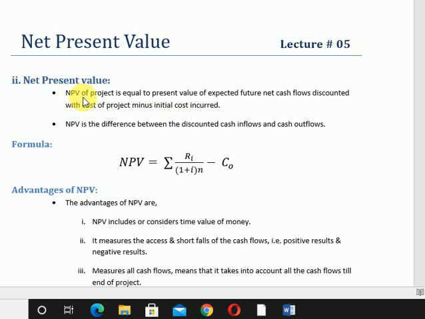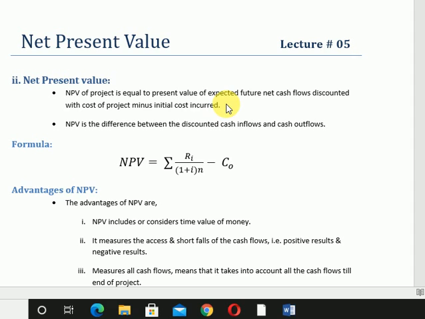So, net present value, NPV, of the project is equal to the present value of expected future net cash flows discounted with the cost of the project minus initial cost incurred. Net present value of the project is what?